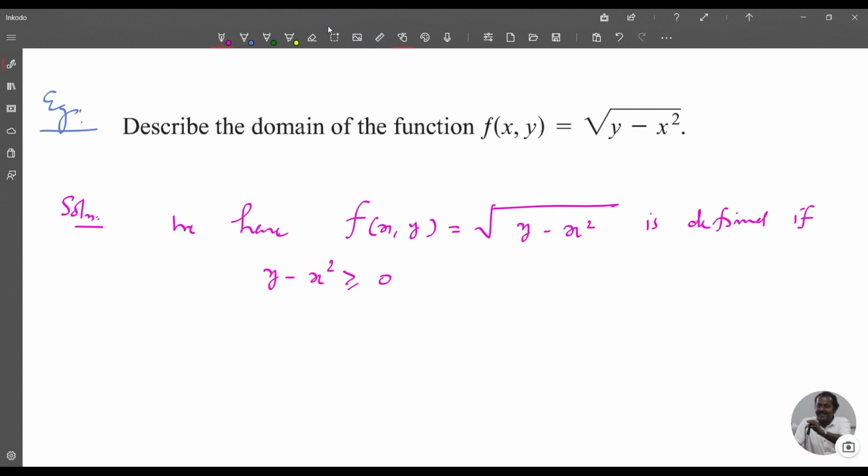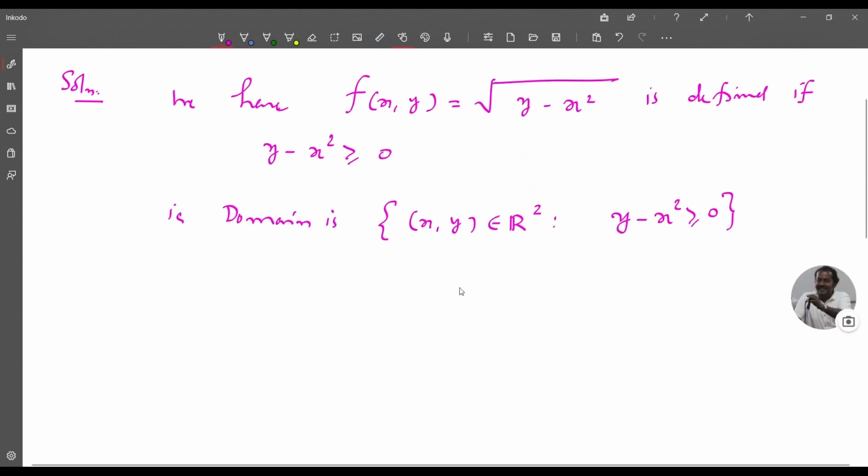That is, the domain is the set of all (x, y) in R² such that y − x² ≥ 0, or this is equal to the set of all (x, y) in R² such that y ≥ x².